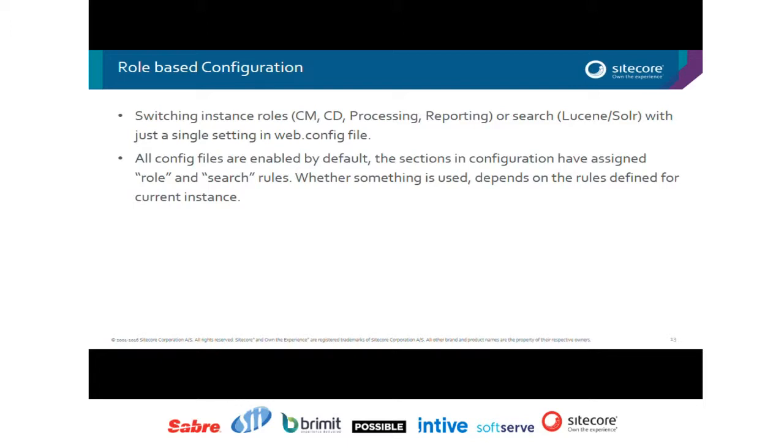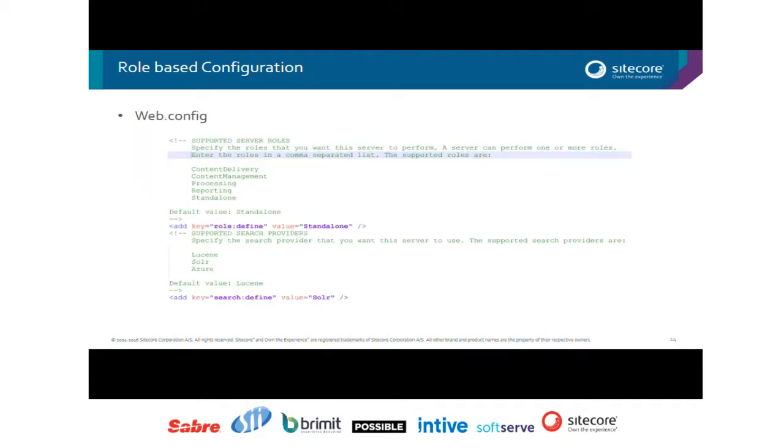Role is for the server, so content management, content delivery, processing, reporting, and search is for the Lucene Solr switch. So how it works: in the web config you define which role this server is. For example, you can mark it as standalone, which is the development environment, or content delivery, content management, processing, reporting. You can also choose which search engine it will use, Solr or Lucene. You can also create your own rules.